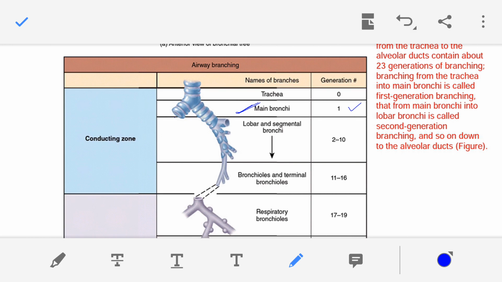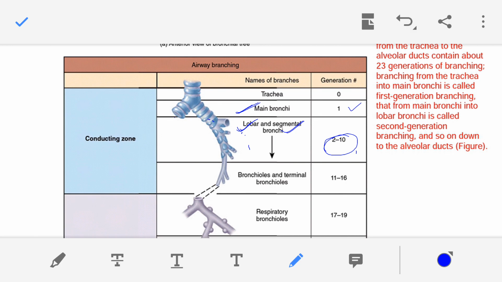Then let's say the left main bronchus is further divided into lobar, superior and inferior lobar bronchi. Then from the lobar bronchi arise the segmental bronchi. This branching will happen from the second to the 10th generation.